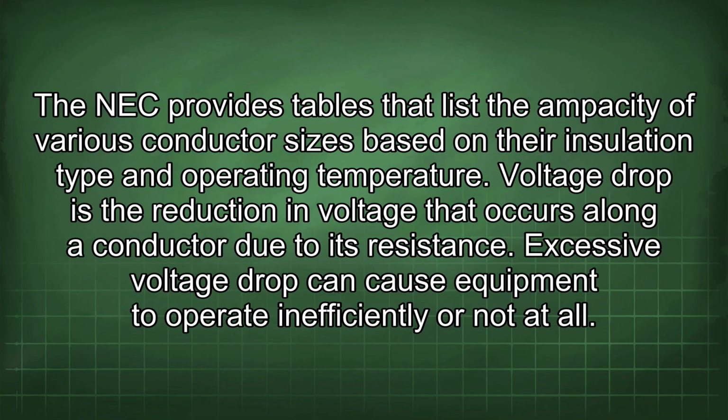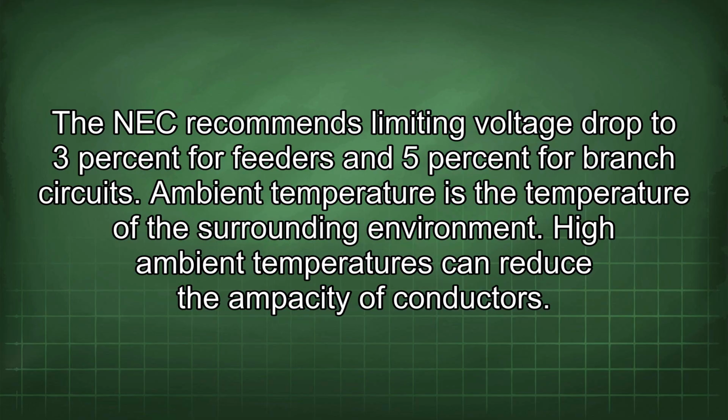The NEC provides tables that list the ampacity of various conductor sizes based on their insulation type and operating temperature. Voltage drop is the reduction in voltage that occurs along a conductor due to its resistance. Excessive voltage drop can cause equipment to operate inefficiently or not at all. The NEC recommends limiting voltage drop to 3% for feeders and 5% for branch circuits.